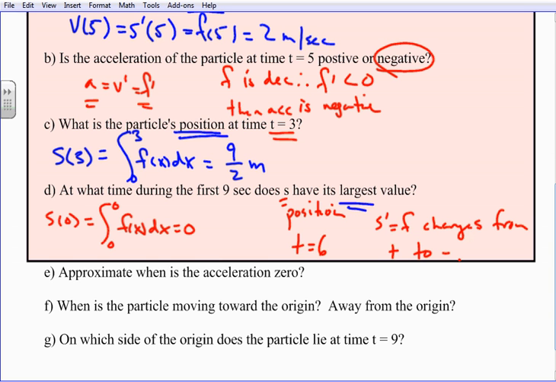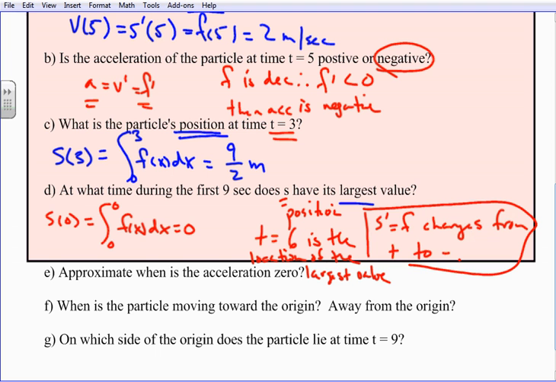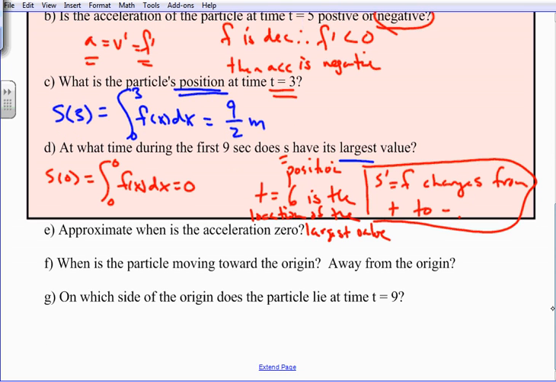So t equals 6 is the location of the largest value because of this reason, s prime changing from positive to negative, and we're starting at 0, so that's going to be the largest value there.